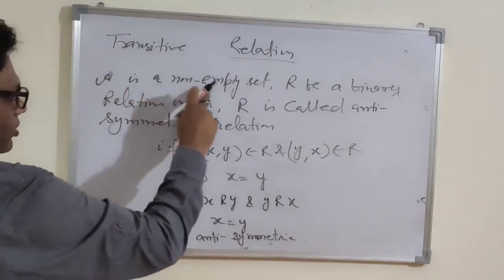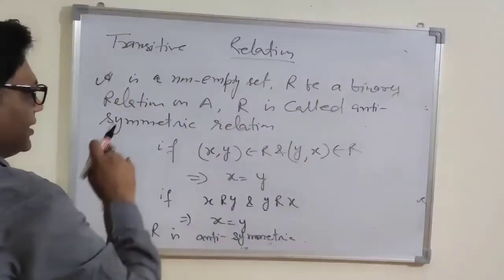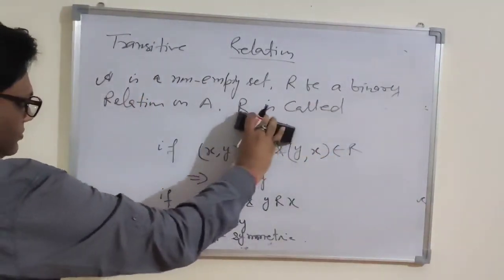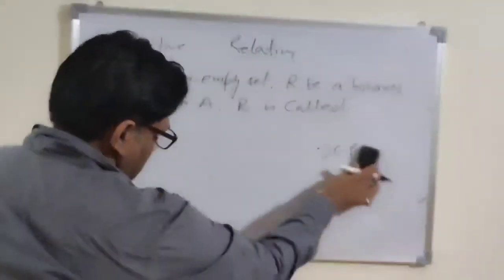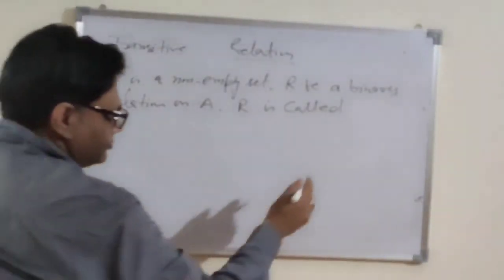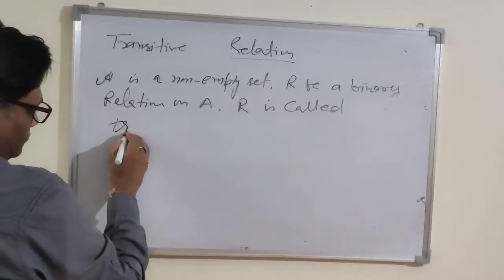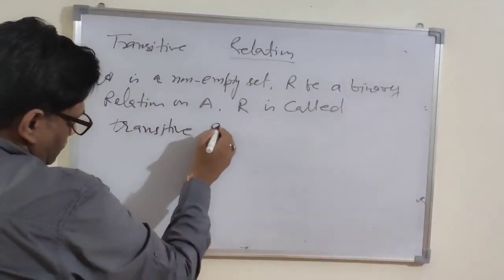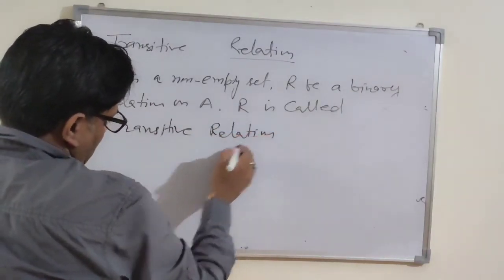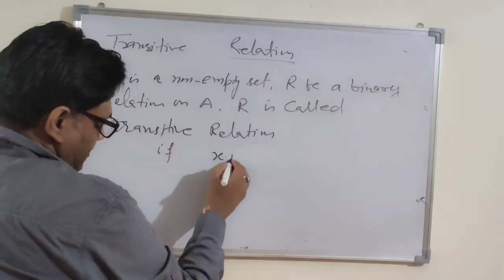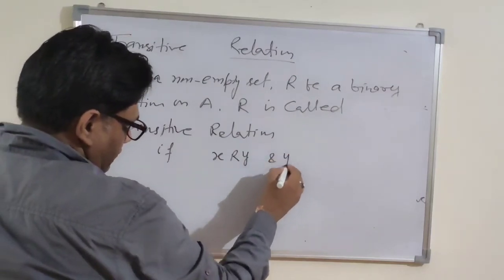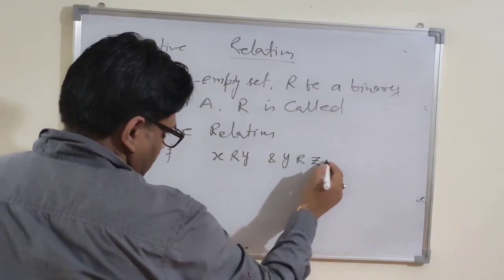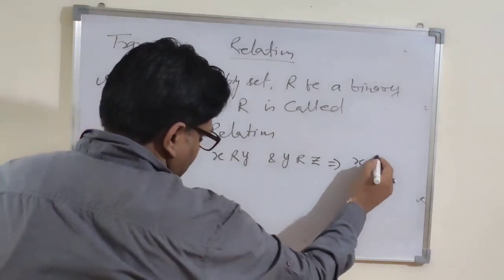Say A is a non-empty set and R is a binary relation, then R is called a transitive relation if x is related to y and y is related to z, this implies x is related to z.